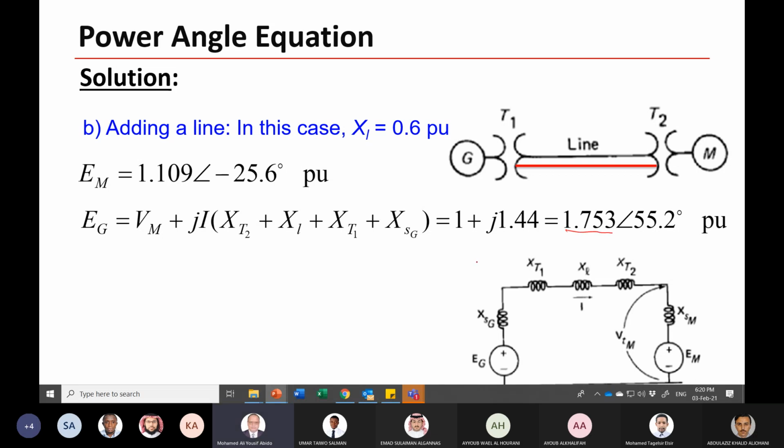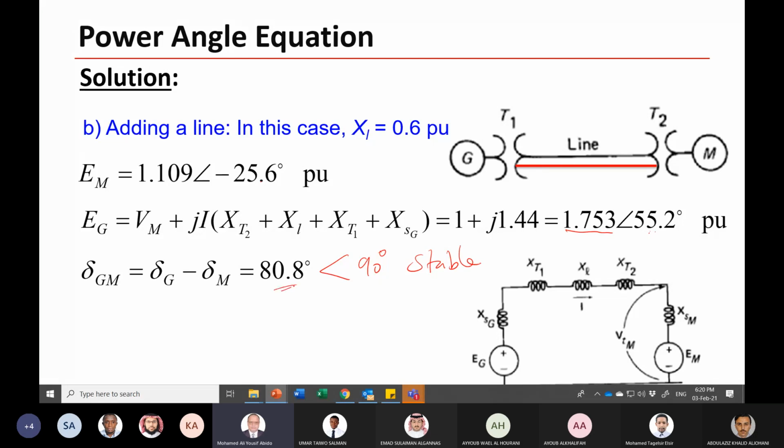So here the voltage becomes 1.753 with this angle. The angle between G and M is now 55.2 plus 25.6, so it becomes 80.8, which is less than 90 degrees. The system is stable.